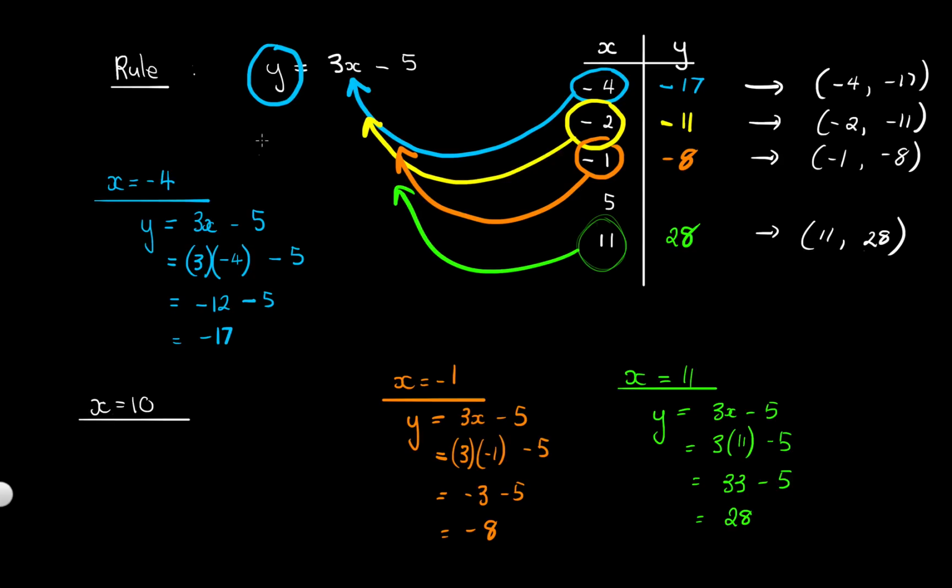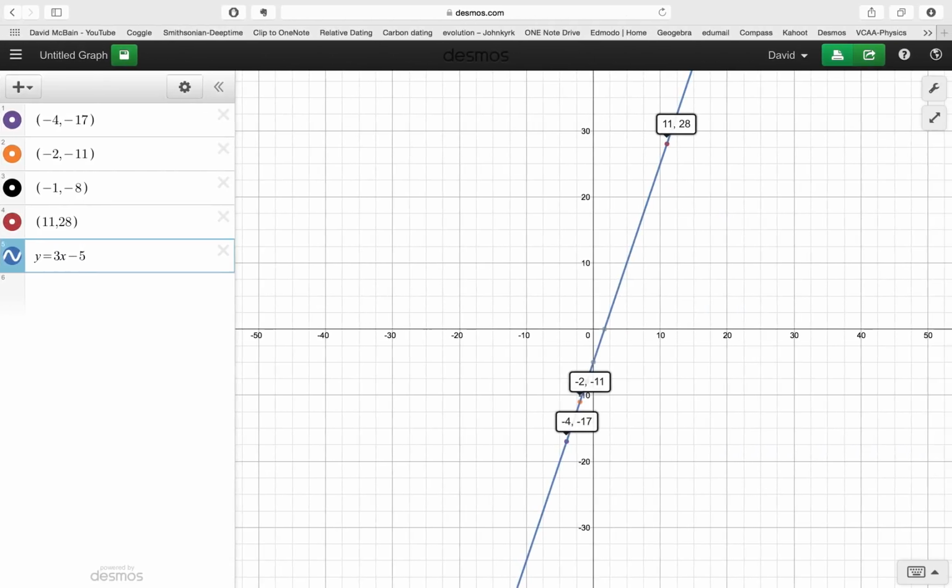Let's plug it into our rule. y equals 3x minus 5. This time, x is equal to 10. So it'll be 3 times 10 minus 5, which is 30, minus 5, which is 25. How about that? So when x equals 10, y equals 25, which is exactly the point that we thought.